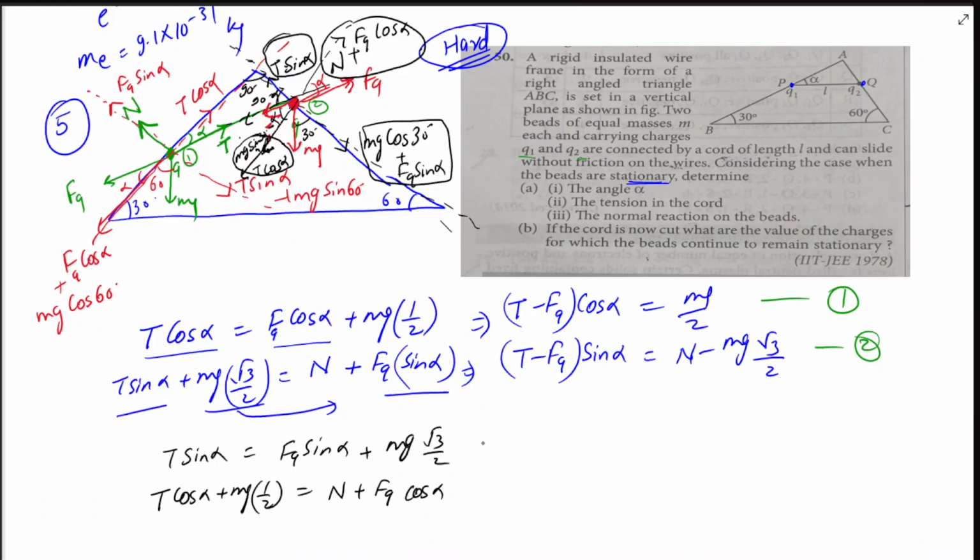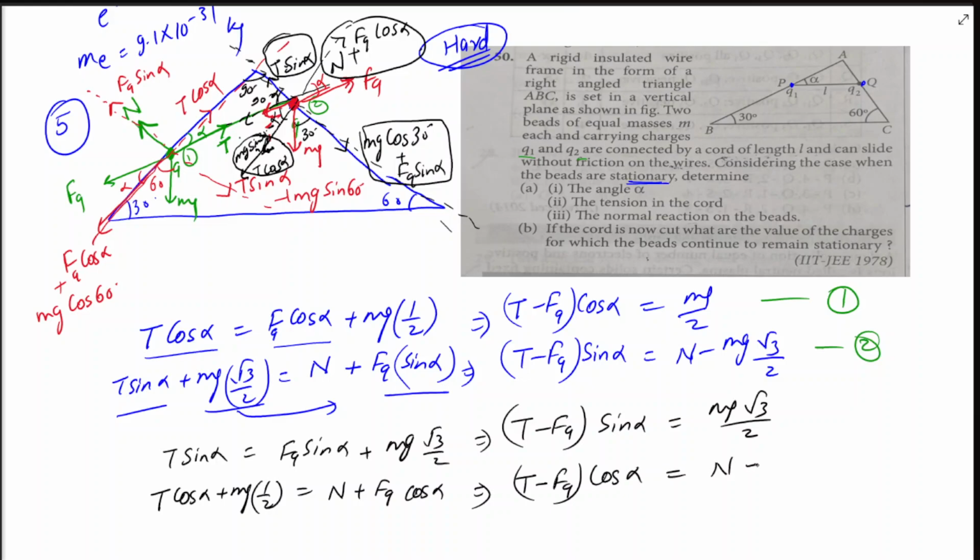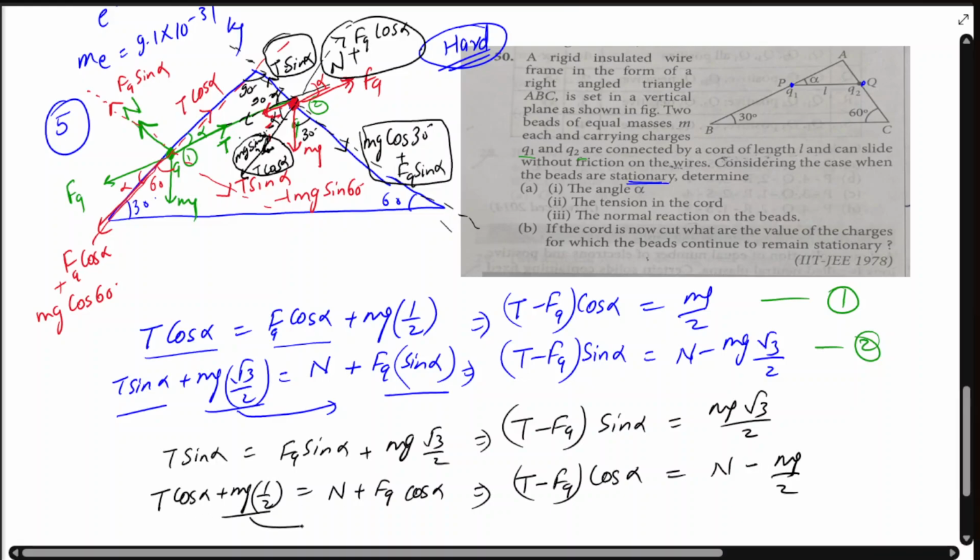Okay, now just rearrange them. So T sine alpha minus FQ sine alpha will be equal to mg root 3 by 2, and T cos alpha minus FQ cos alpha will be equal to N minus mg by 2.